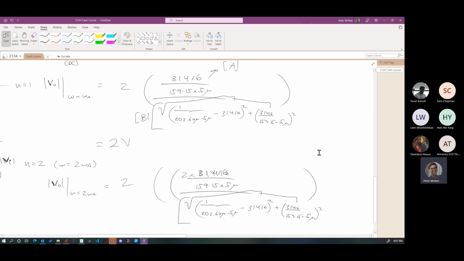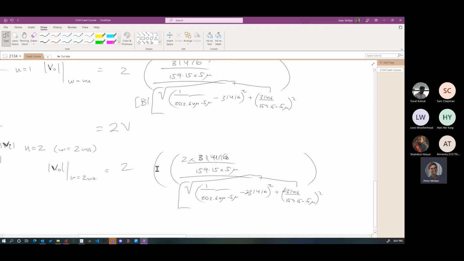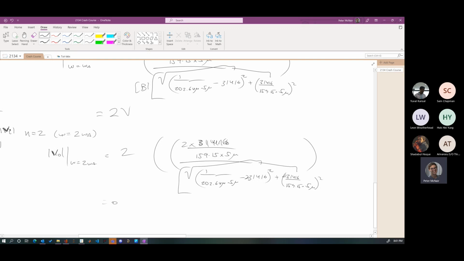So we do 2 times it, and then 2 times it here, and then 2 times it here, etc., and we get 0.05 volts. I don't know how many of these it asks us to do.